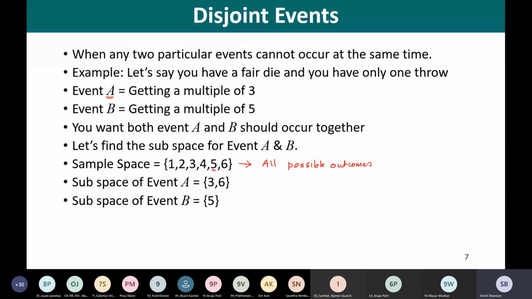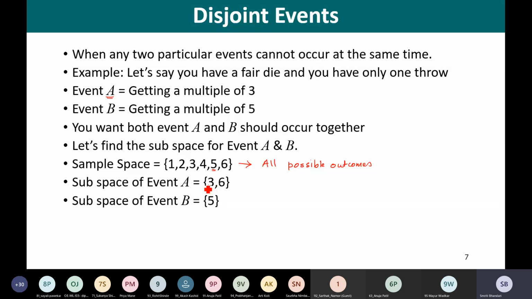And what do we want? We want that we should get a multiple of 3 and a multiple of 5 at the same time. These two events should occur together. Is it possible that at the same time we are getting 3, 6 or 5?